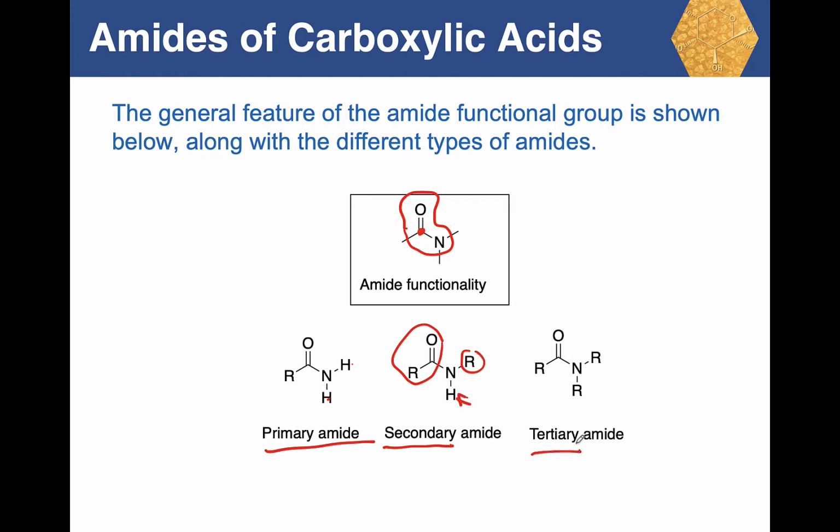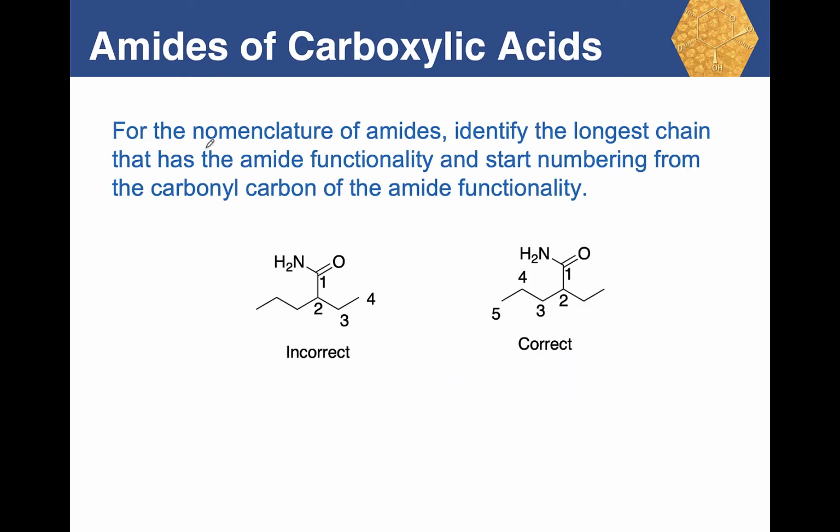And of course, a tertiary amide is 3 alkyl groups bonded to that nitrogen. So you should be able to identify an amide functionality and even take it further to determine if it's a primary amide, a secondary amide, or a tertiary amide.